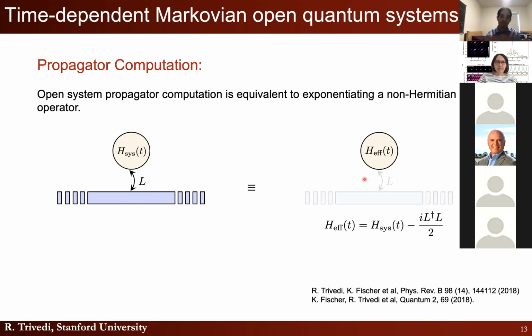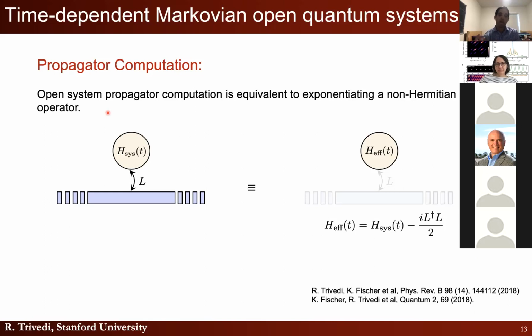So you could effectively remove the bath from your calculation and just think about this localized system with an effective Hamiltonian that depends on both the Hamiltonian of the system as a function of time and the coupling operator between the system and the bath. So if you could compute the propagator of this particular effective Hamiltonian, you could in fact compute the propagator for this first system completely. That is the essential result that we had here.